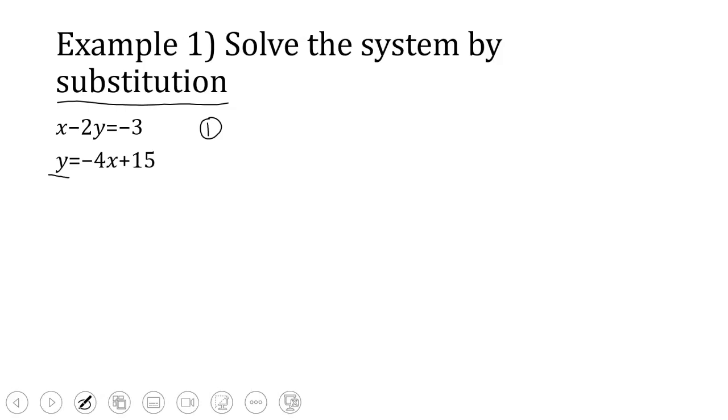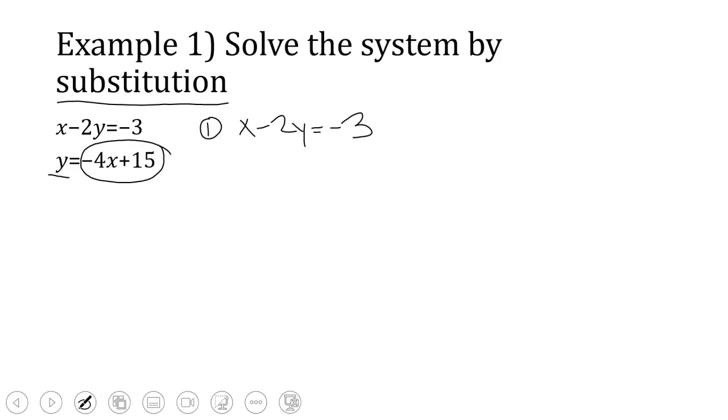We are going to take the original equation, but instead of the y, we are going to replace y with negative 4x plus 15, because the second equation is telling us y equals negative 4x plus 15.